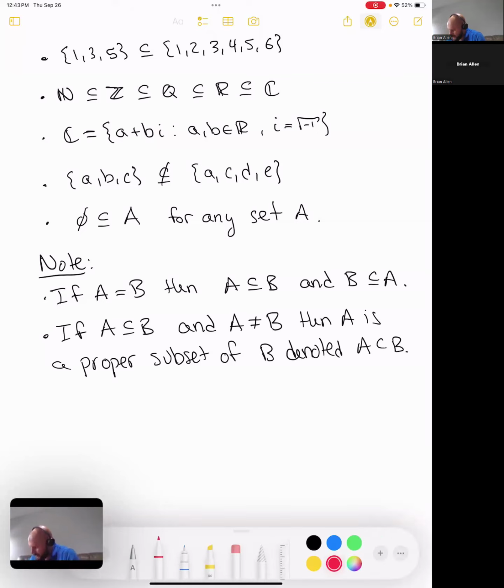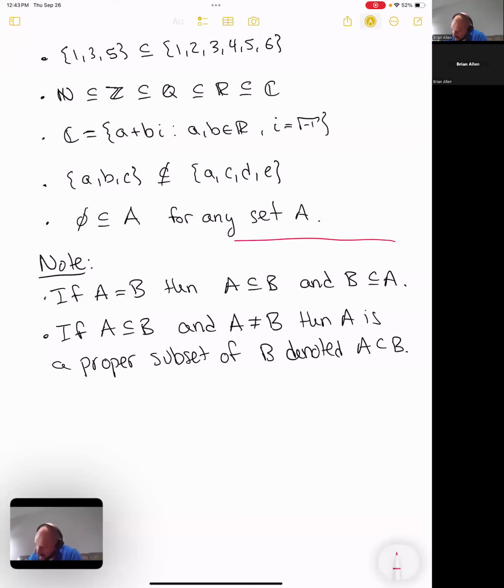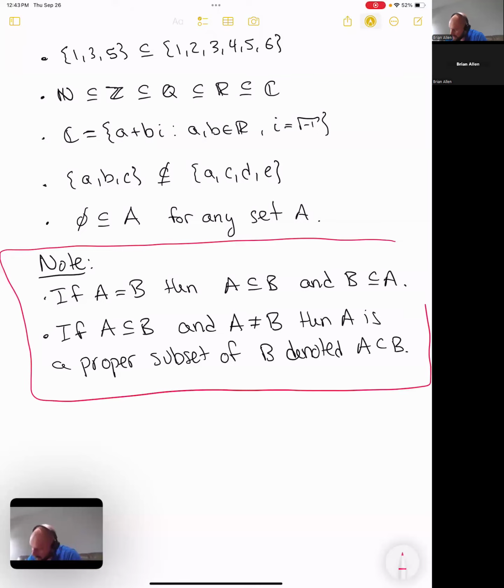Now, I do want to make a word of caution, which is that subset notation changes depending on what book you're reading and what professor you have. This is not the convention I tend to like, but I'm following the book that I chose. I actually choose to use this notation for the usual subset where it could be equal, and then I have a different notation for not equal. But in any case, this is the notation we're going to use in this class.